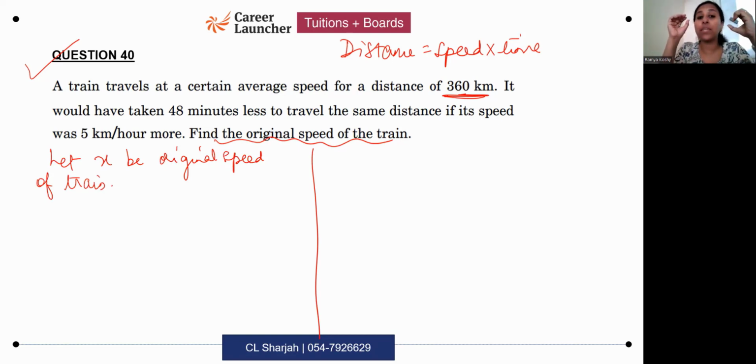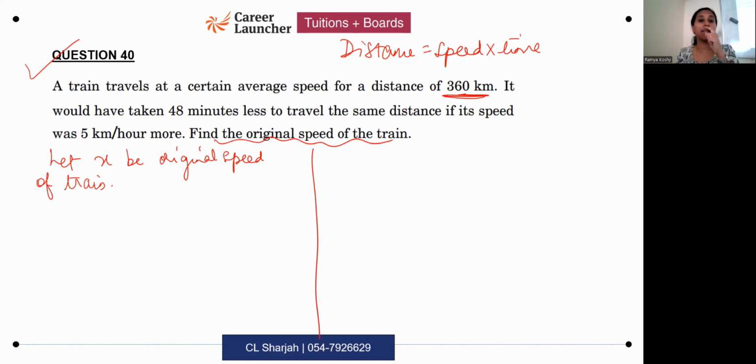Now, how do you form the equation? When you are finding speed, form the equation with time. You want speed x to come in your formula. So you should form an equation connecting times, original time and new time.